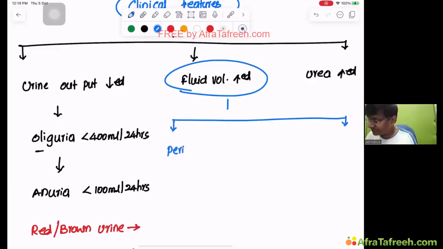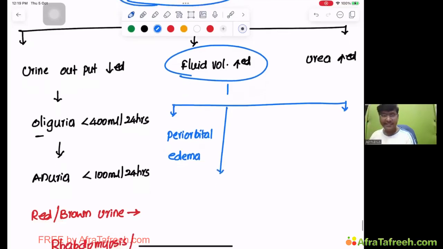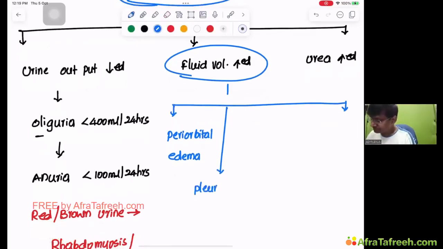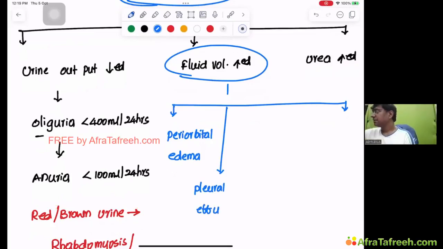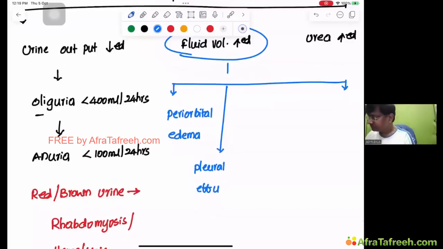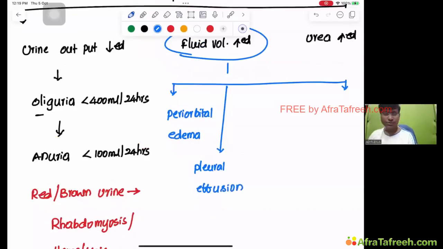So there can be periorbital edema because of the fluid overload. There can also be pleural effusion.